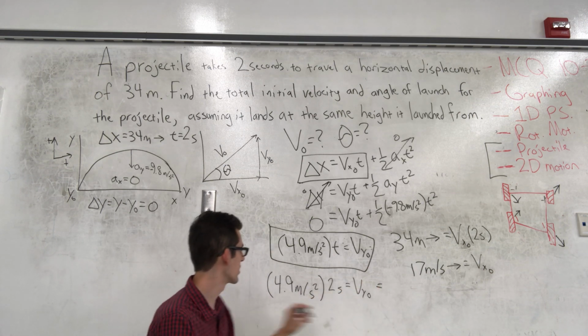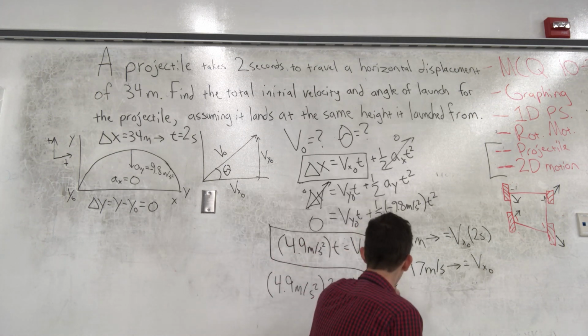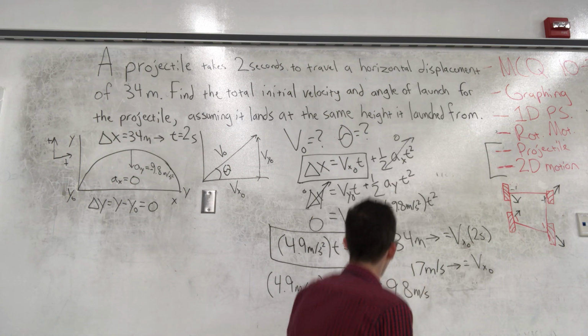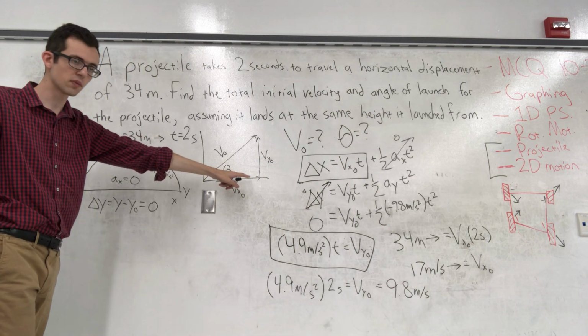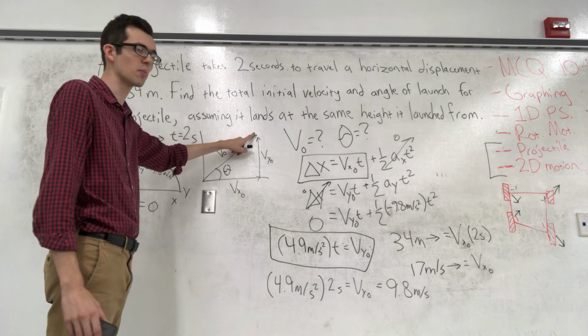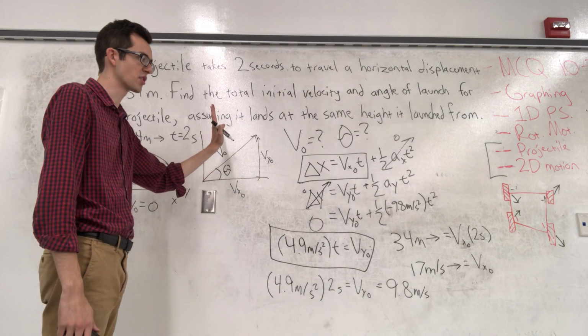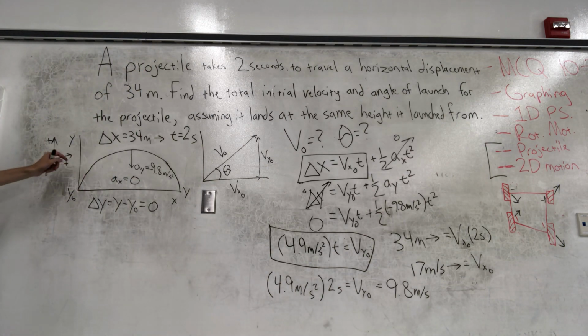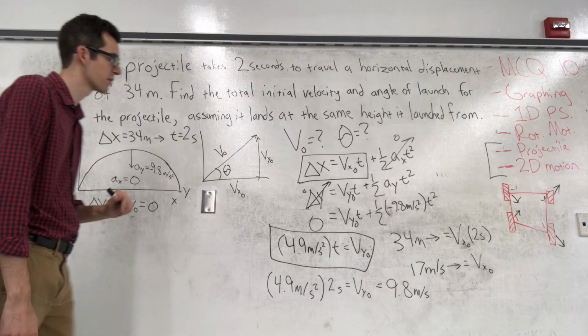So vy0 is just equal to 9.8 meters per second. And we can see from this picture that our initial velocity in the y direction will be directed upwards so that the projectile will be launched up in the air. If it was directed downwards, it wouldn't be a very good projectile. It would just fly straight into the ground and not go anywhere.